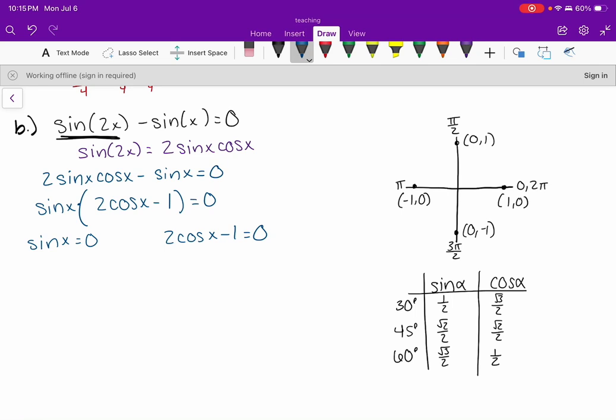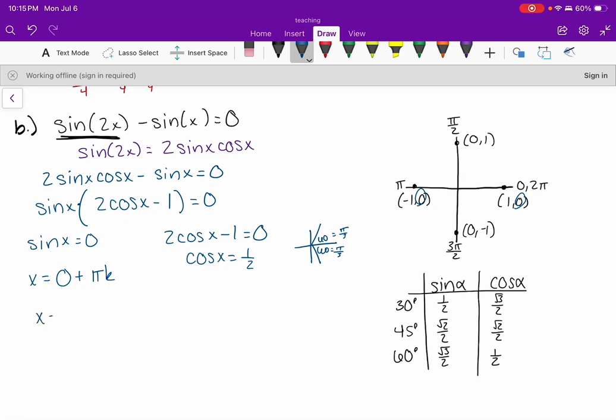Sine x equaling 0 happens here and here, so that's going to be x equals 0 plus pi k. On the other side, I have cosine x equals 1/2. My reference is 60 in quadrant 1 and 4, or I can write it as pi over 3 if I want to leave it in radians.